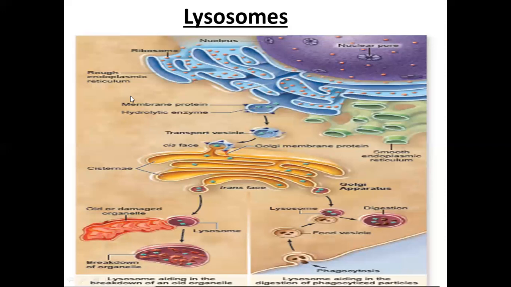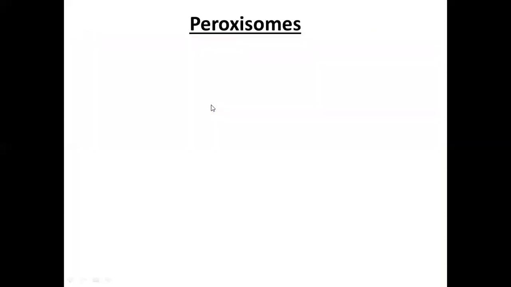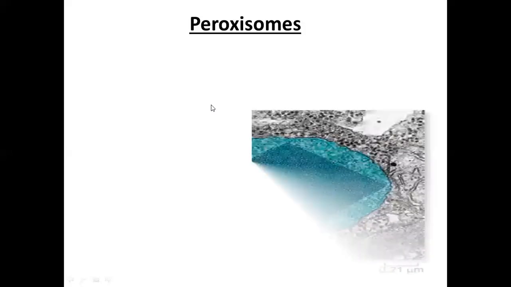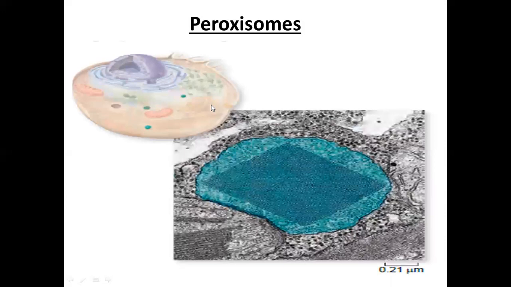The other organelles that we have include what are known as the peroxisomes. So these have a single membrane, and they actually originate as buds from the endoplasmic reticulum.